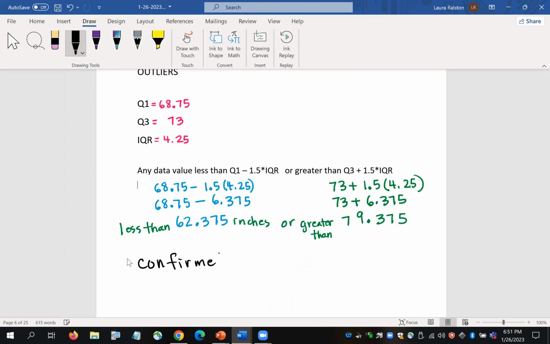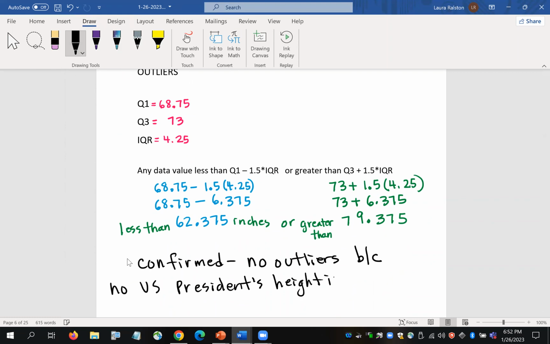I have confirmed no outliers because no U.S. president height is less than 62.375 inches or greater than 79.375 inches. I proved it.